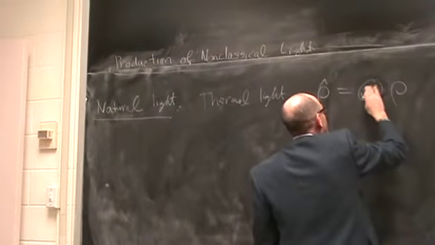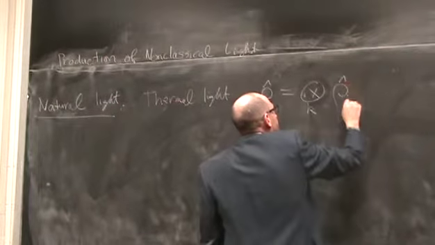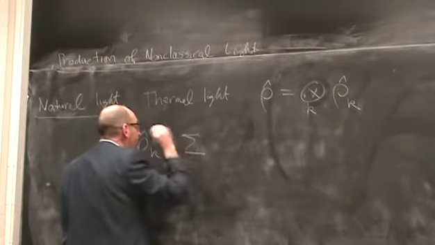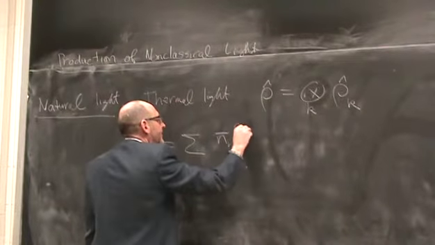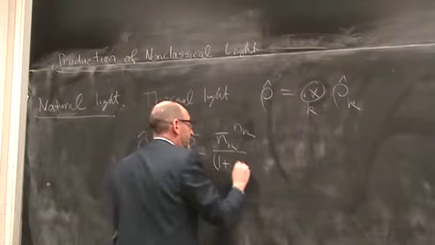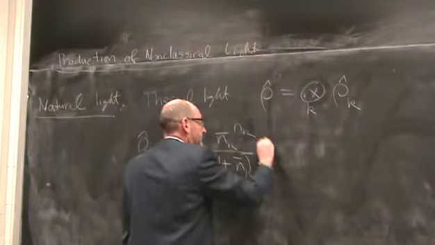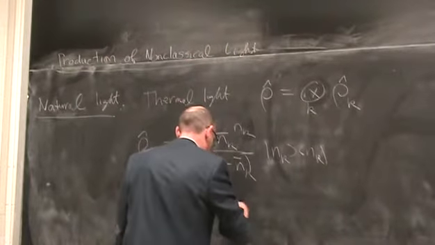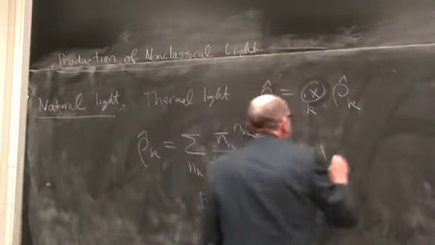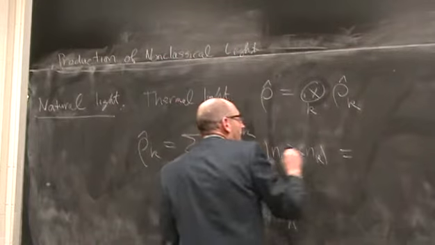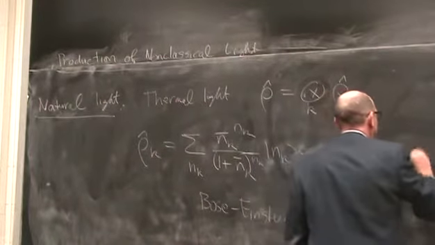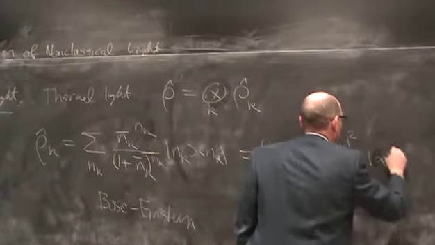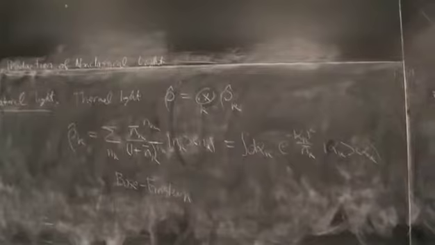So we have a tensor product over all the modes, where the state for each mode is a thermal distribution, described by a Bose-Einstein distribution in photon number, or equivalently represented as having Gaussian noise of different coherent states. And that's classical light.